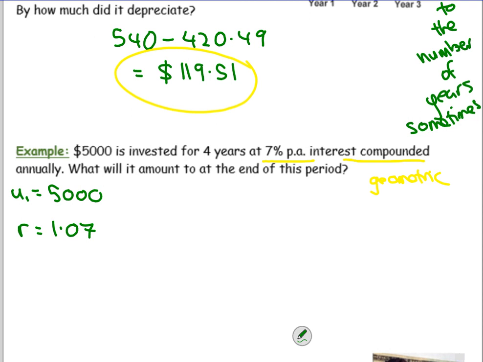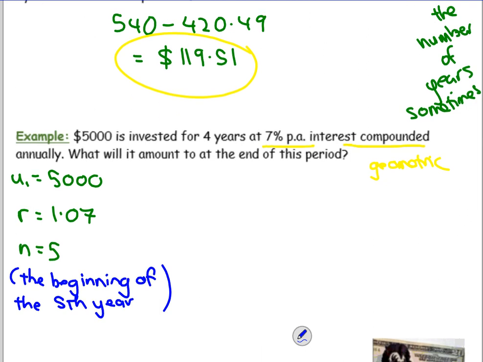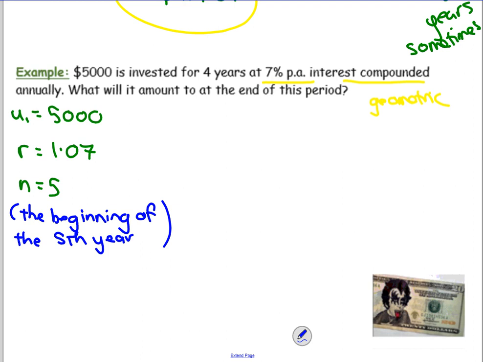So this is a tricky one. We might have to sub in n equals 4, or perhaps we need to sub in n equals 5, because it means the beginning of the 5th year. If you did it manually, 5,000 is at time 0.